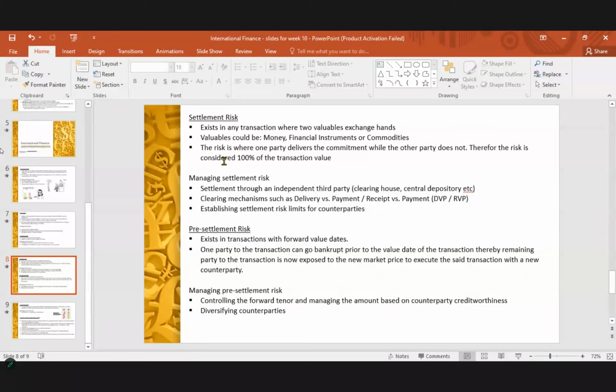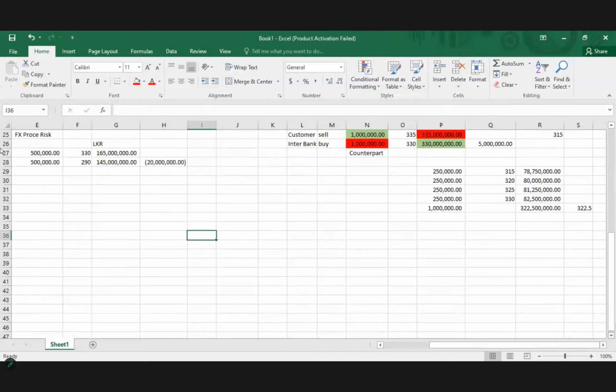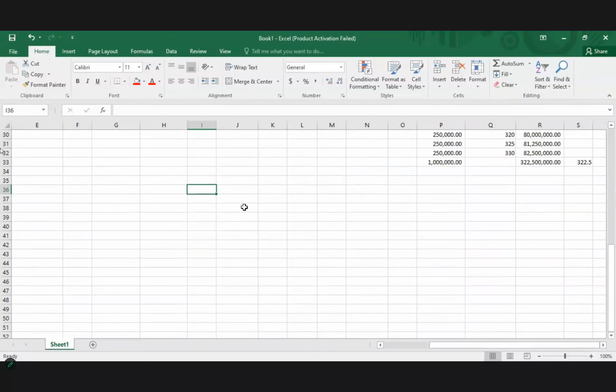Then there is a concept of pre-settlement risk. What is pre-settlement risk? Now for that, I will basically go to the Excel sheet. Now say you basically enter into a forward FX transaction.